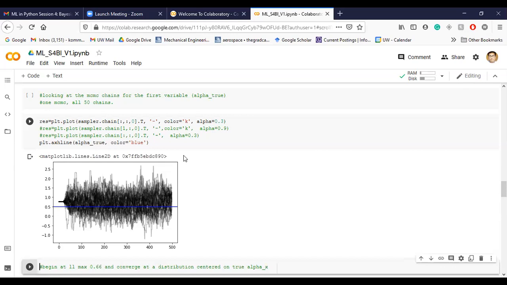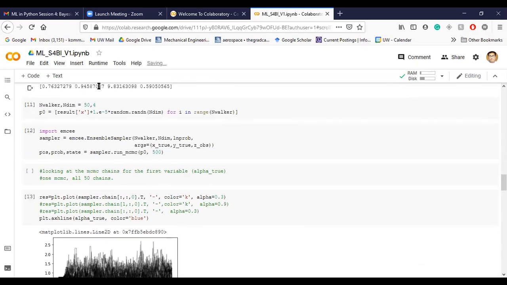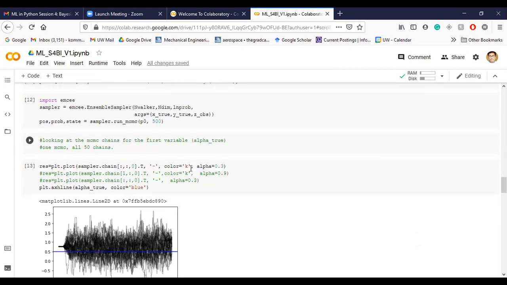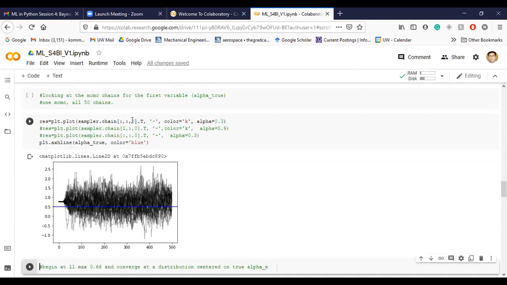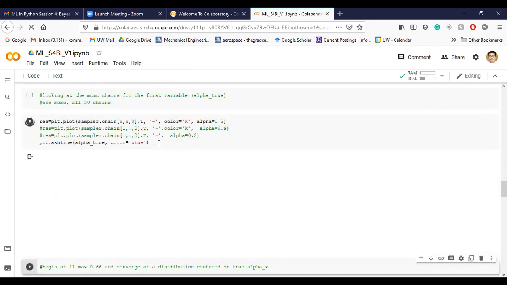So we have the dimension of alpha, the dimension of beta x, beta y, and epsilon. In this example, I'm basically plotting the 0th dimension, so this will be all the chains corresponding to how they are varying in the alpha space. So this doesn't make any sense. Let's actually look at a single chain and see how it's varying.